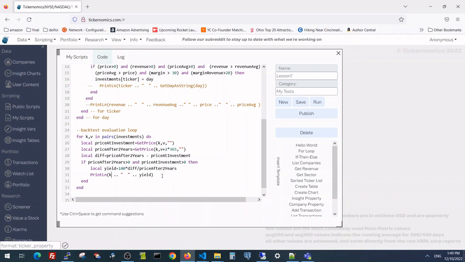For each ticker we'll print that, but we also calculate the statistics, so that means we'll sum up total yield.